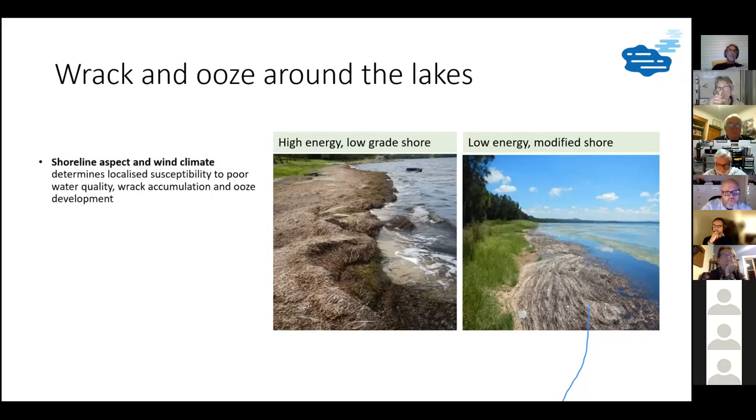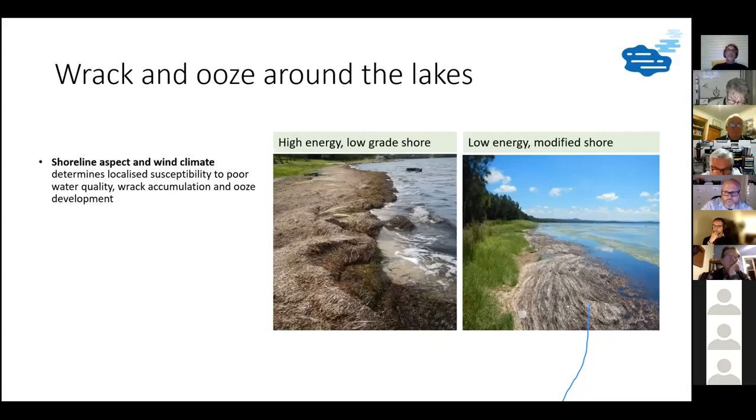So the first thing is shoreline aspect, that is which direction the shoreline faces, and the wind climate. By wind climate, I mean wind direction and strength. Those two factors strongly determine the localized susceptibility to poor water quality, rack accumulation, and ooze development around the lake.